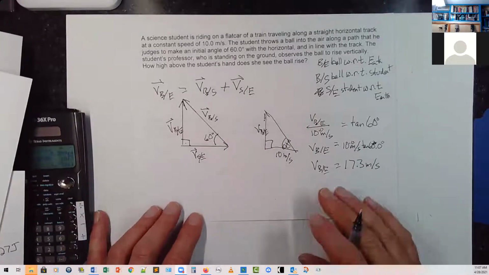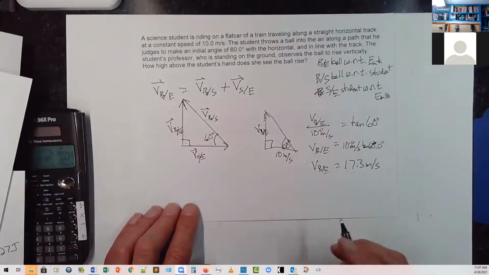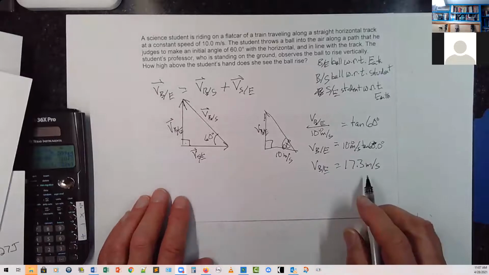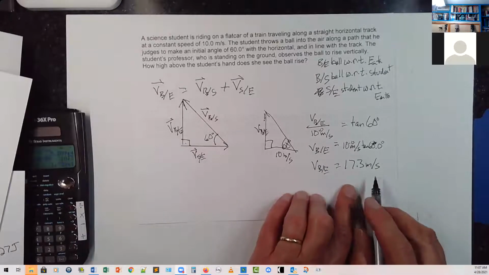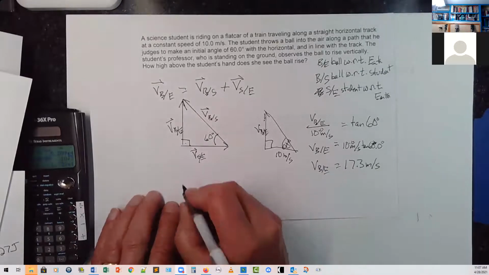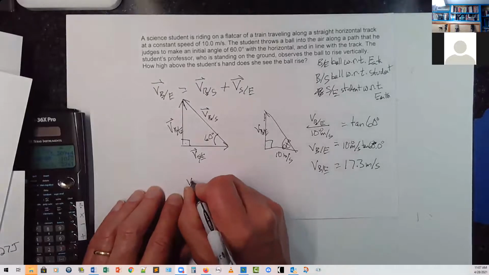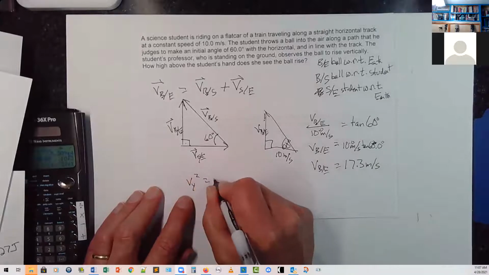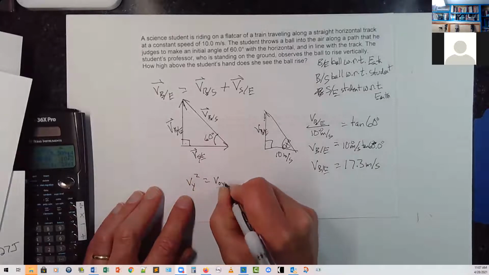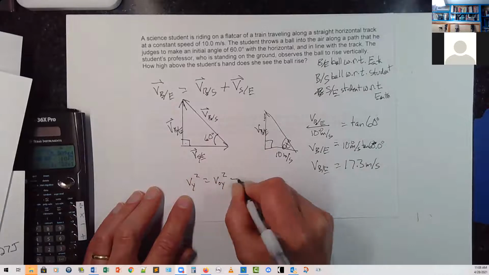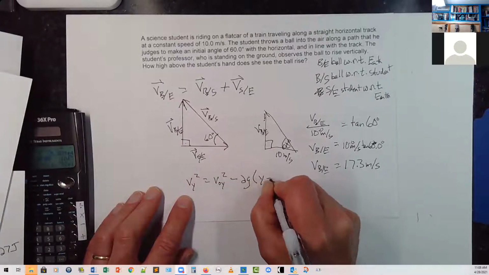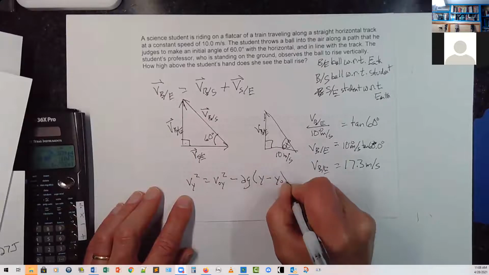Well, now we can use some projectile motion equations, but the one I think I'm going to use is the one that doesn't involve time. I don't think I've done that yet for you, but here's something you can say. This is one of our equations for it. V sub y squared is equal to V naught y squared minus 2g times y minus y naught.